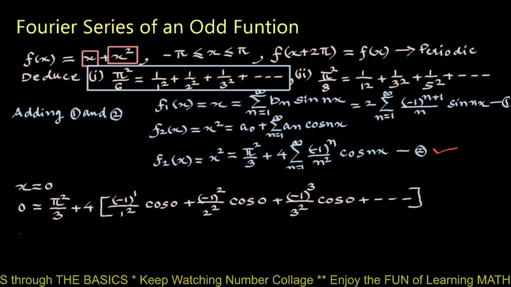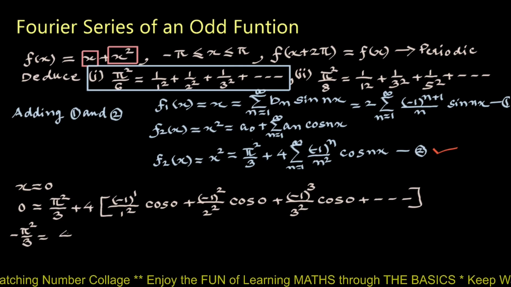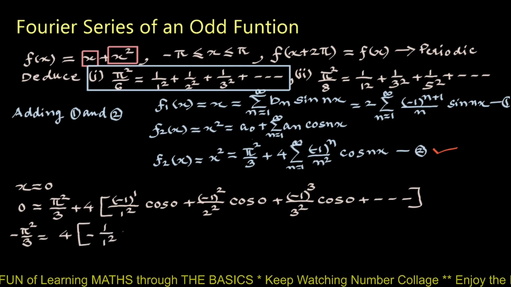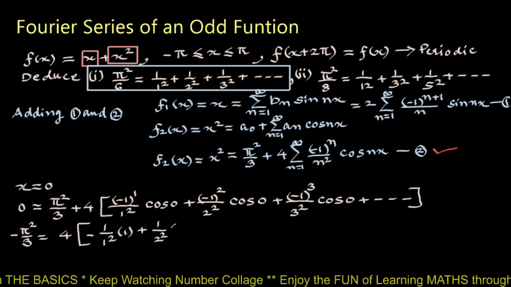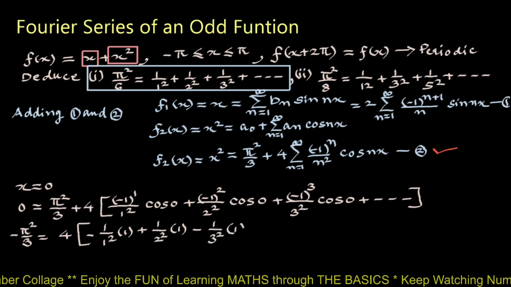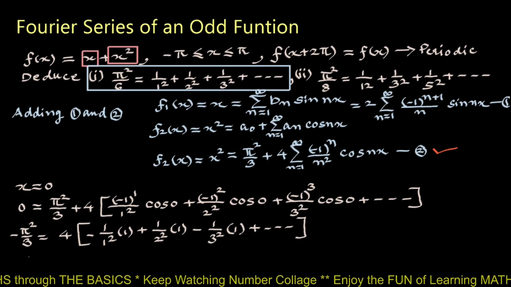This will be minus pi square upon 3 equals 4 times minus 1 upon 1 square, cos 0 is 1, plus 1 upon 2 square, cos 0 is 1, minus 1 upon 3 square, cos 0 is 1, plus so and so forth. This will be by changing the sign.